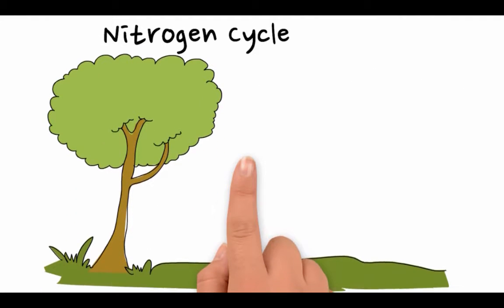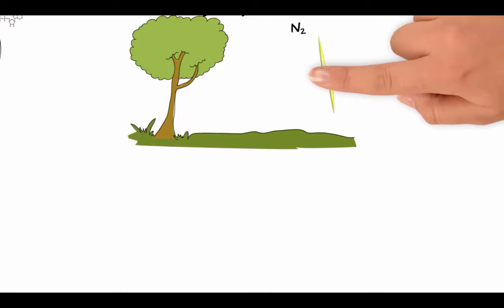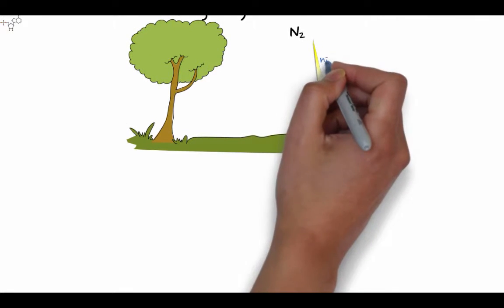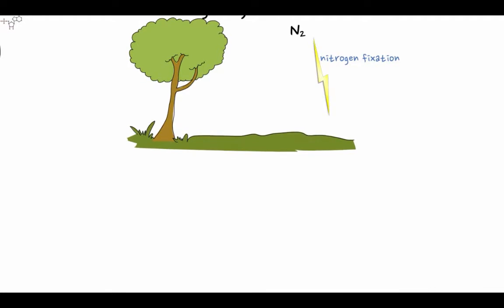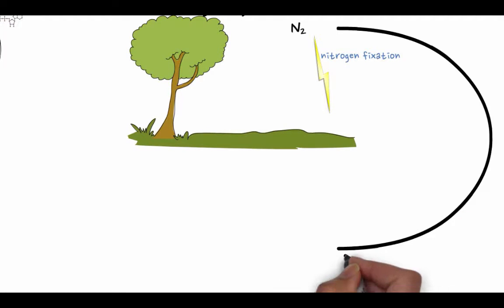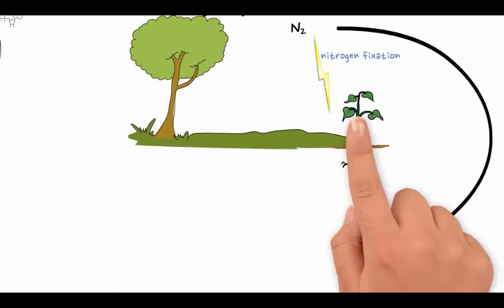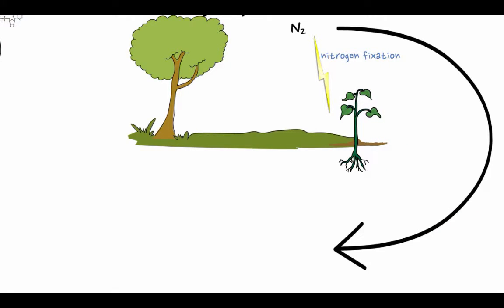80% of our atmosphere is diatomic nitrogen gas. This is a form no plants or animals can use. Lightning strikes can convert nitrogen gas to ammonium, but only nitrogen-fixing bacteria can convert nitrogen into a form plants can use. Leguminous plants, such as soybeans, have root nodules that contain nitrogen-fixing bacteria.